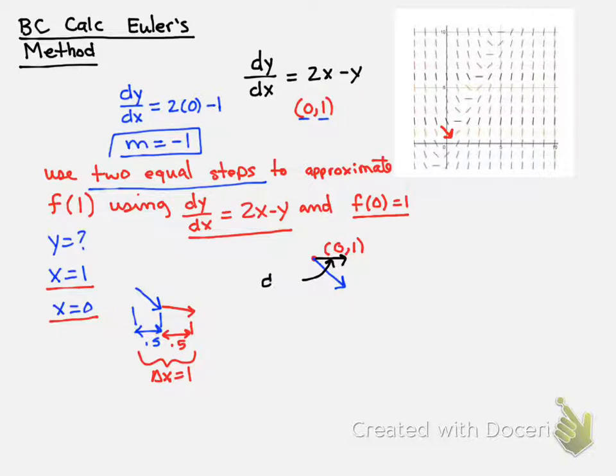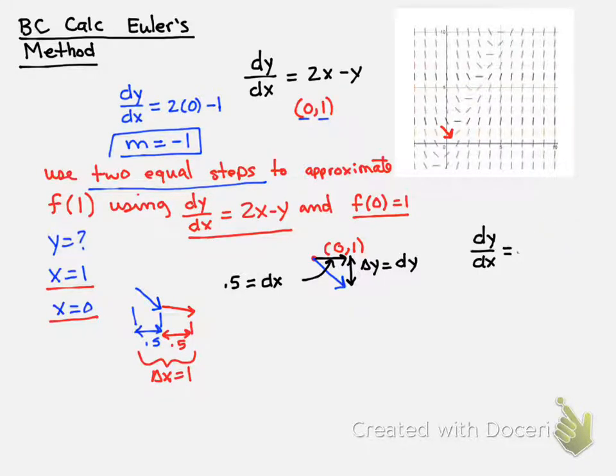So this change in x, or dx, is 0.5. What we're looking for is what is this change in y, or dy? Because we have an equation for this. We know that dy dx equals slope, which equals 2x minus y. And in our case, for those original x and y values of 0 and 1, this slope is that negative 1 we just calculated.